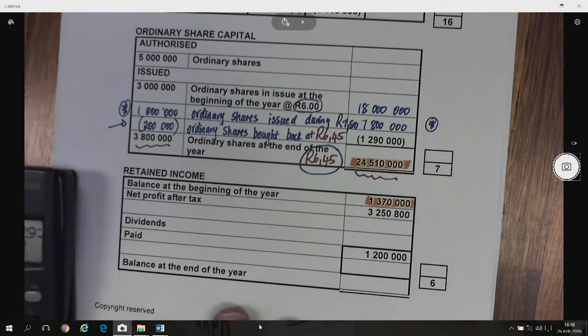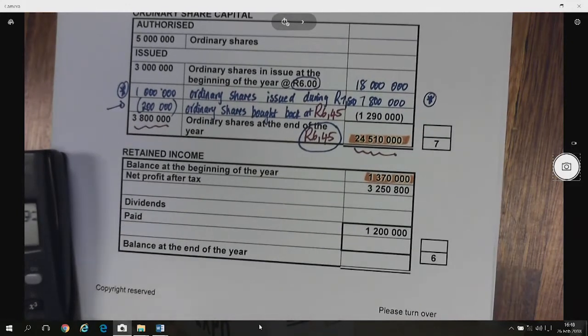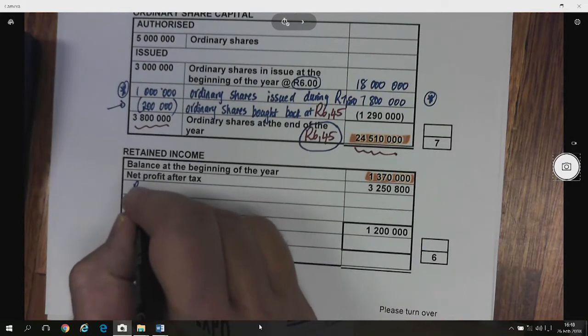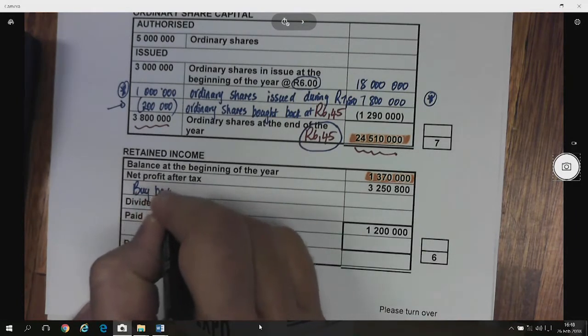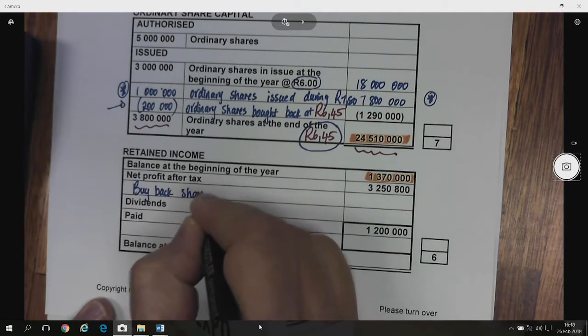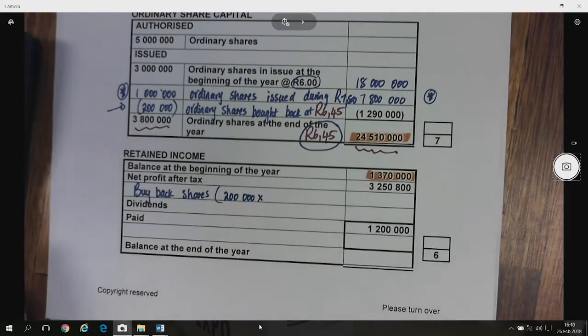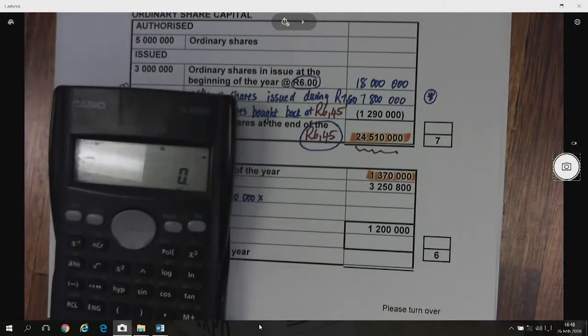Retained income, they gave us the net profit after tax. We must say buy back shares, 200,000. Remember R9. R9 was the buyback price, so 9 minus 6.45.